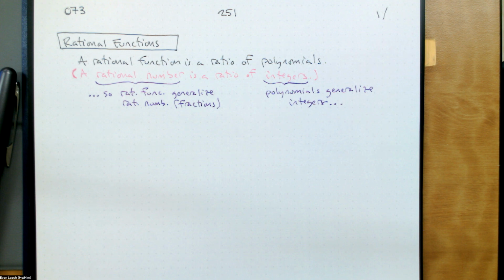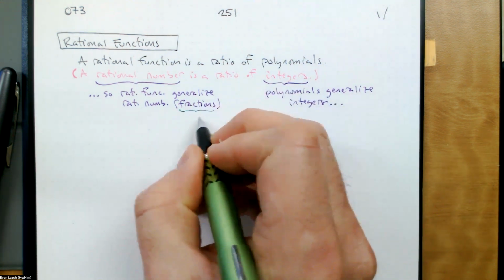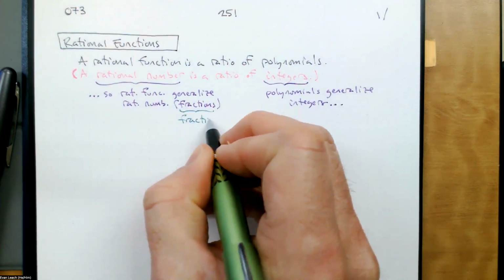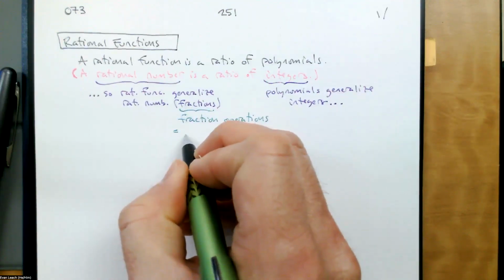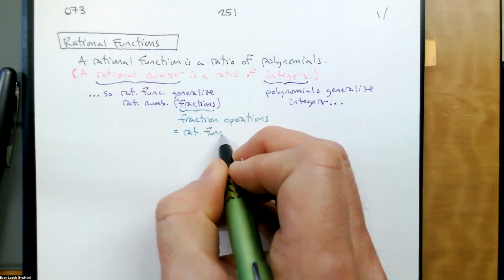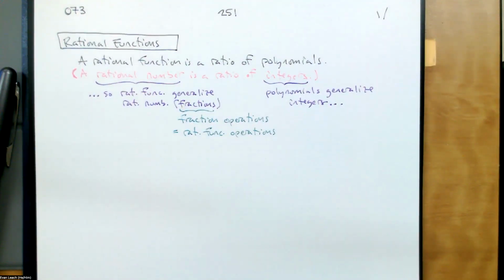So our operations on rational functions are just those operations on fractions, just like integer operations are polynomial operations.